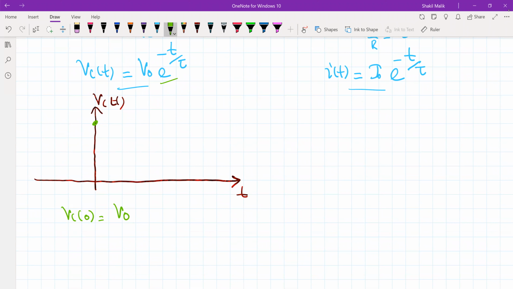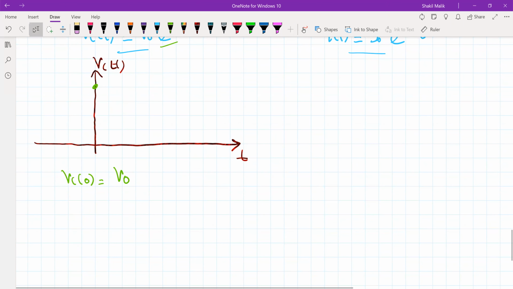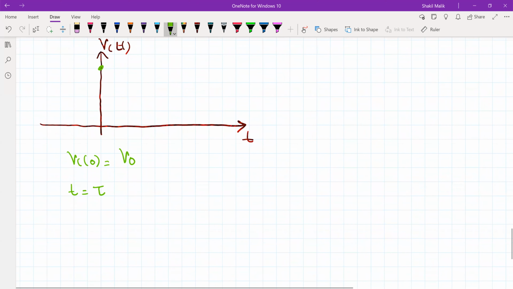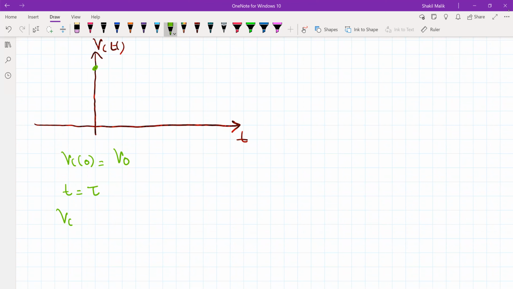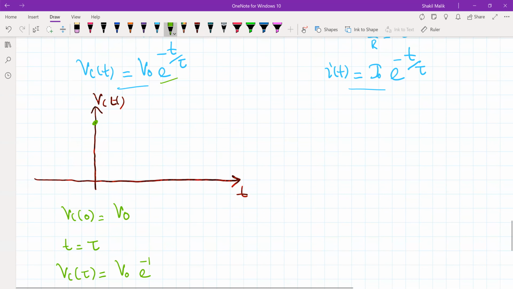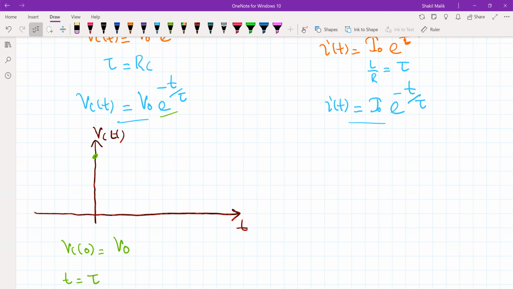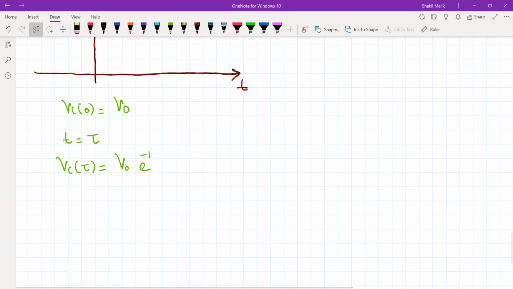And from this equation, you can confirm e to the power of minus t by tau will be equal to 1. All right. Now at t equal to tau, how much is the voltage of the capacitor? So in one time constant, it will be V naught e to the power of minus 1 from this expression. Tau and tau will cancel, it will be e to the power of minus 1.